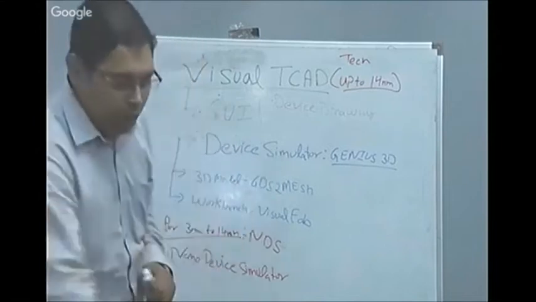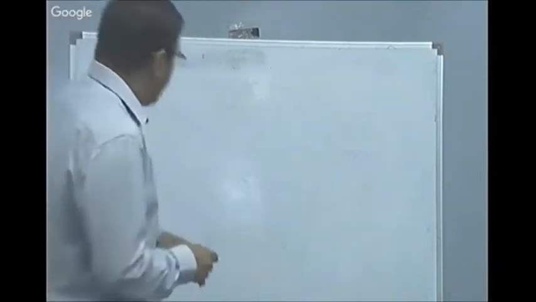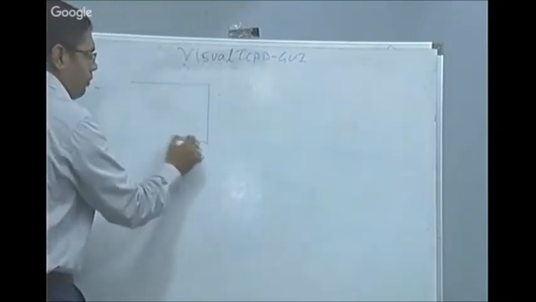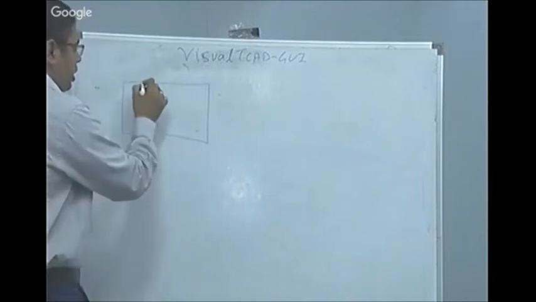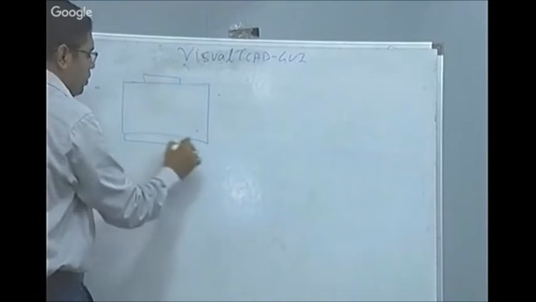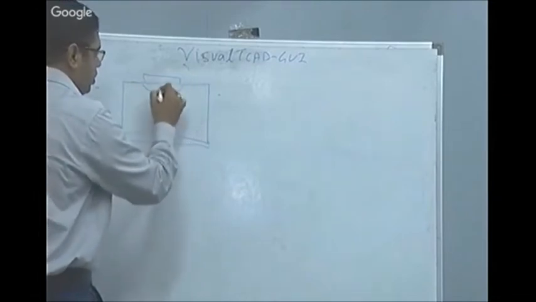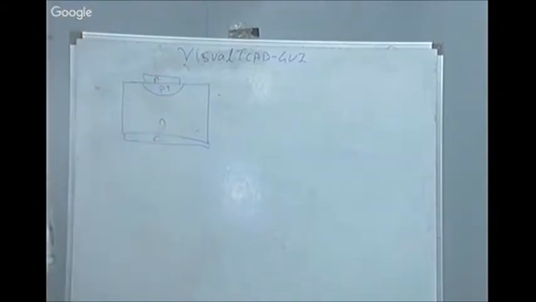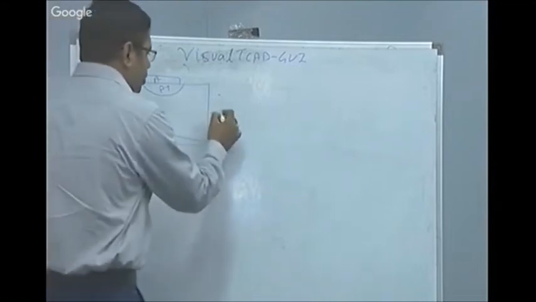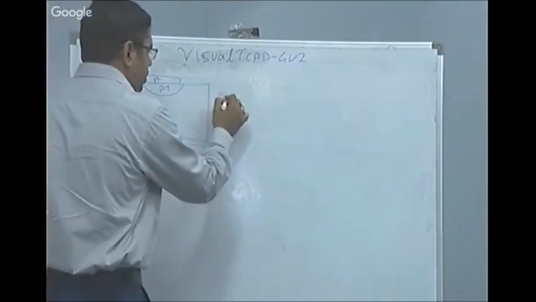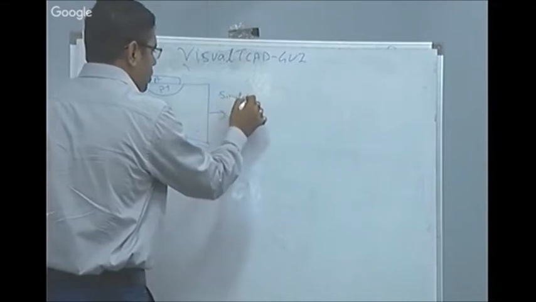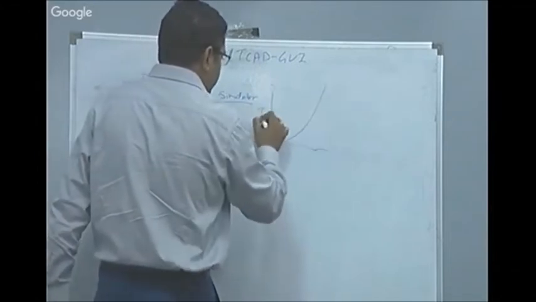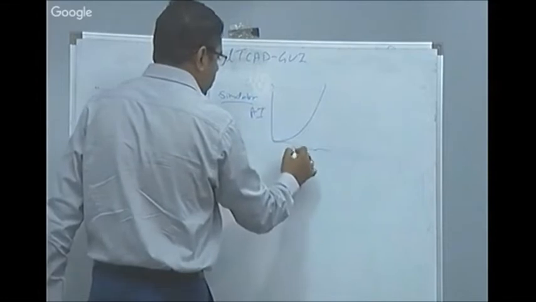So how does the tool work? In the Visual TCAD GUI environment, first of all, I'm giving you an example, we make a diode, with anode and cathode. We give this to a simulator, and then the simulator will give its IV curve, anode current and anode voltage.